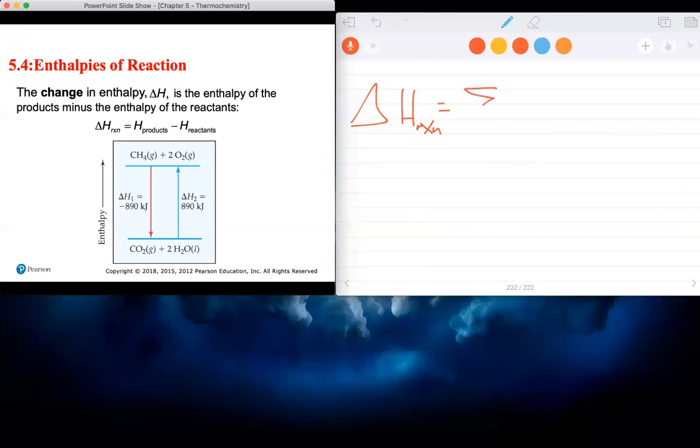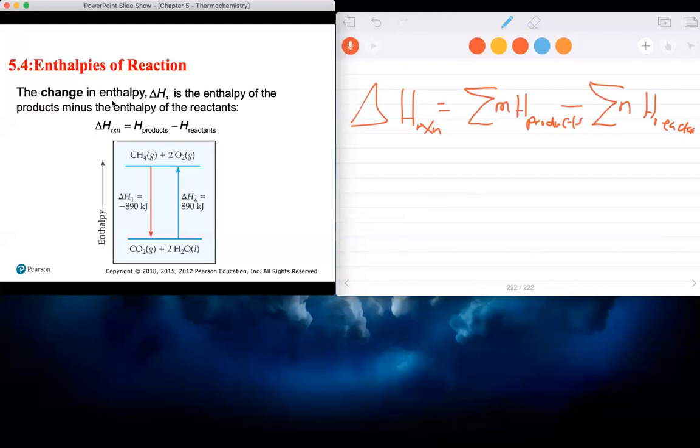Summation of M times enthalpy for product, minus summation of N times change in enthalpy of reactants.